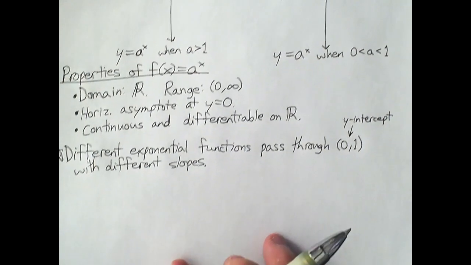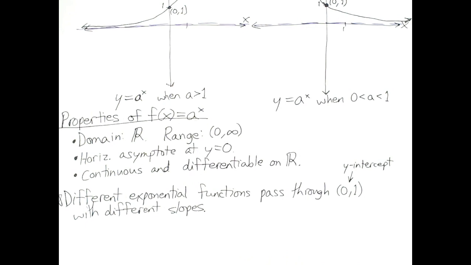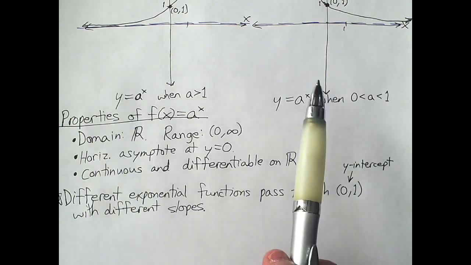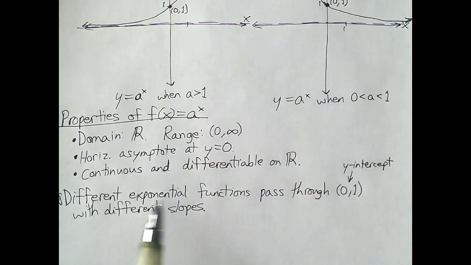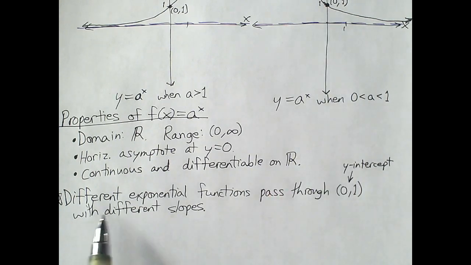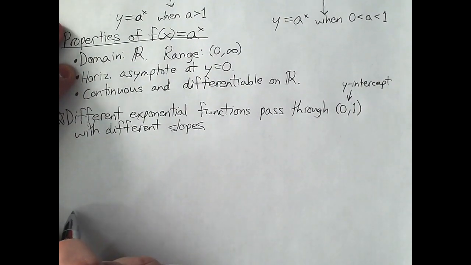All exponential functions pass through that same y-intercept of 0, 1. But depending on what the base is, you'll get a different exponential function. It could be 2 to the x. It could be 1/3 to the x. But whatever it is, it's going to pass through that y-intercept, but it does so with a different steepness, a different slope. And when I say slope, this is a curved line, so we're really talking about the slope of the tangent line. And I'll show you two little examples here.